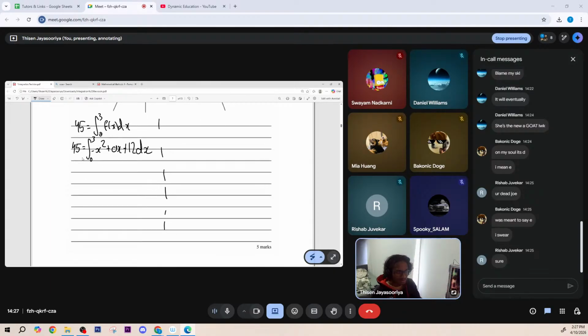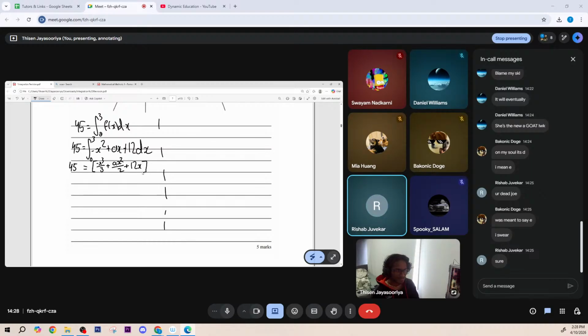So from here, Rashab, how can I integrate this function? Negative x cubed over 3, yep, plus a x squared over 2 plus 12x.